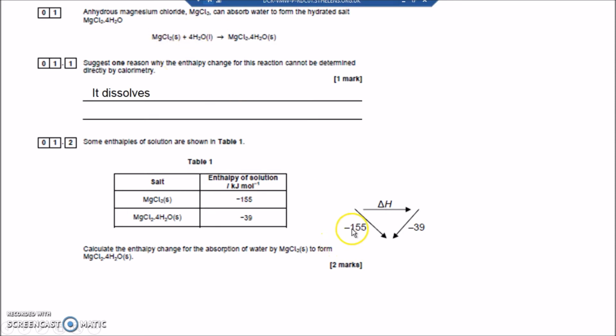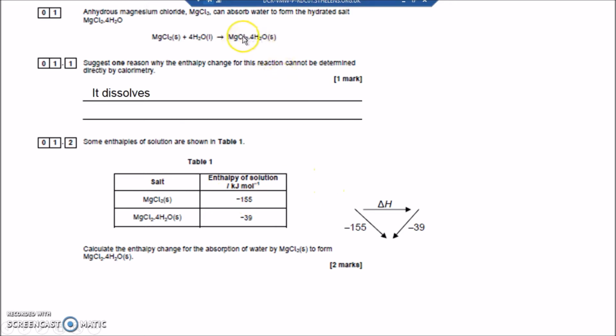And then if you imagine coming down here is what would happen if they dissolved in water. So if I dissolved MgCl2 in water to make MgCl2 aqueous, minus 155 is the energy given out when this is dissolved in water.